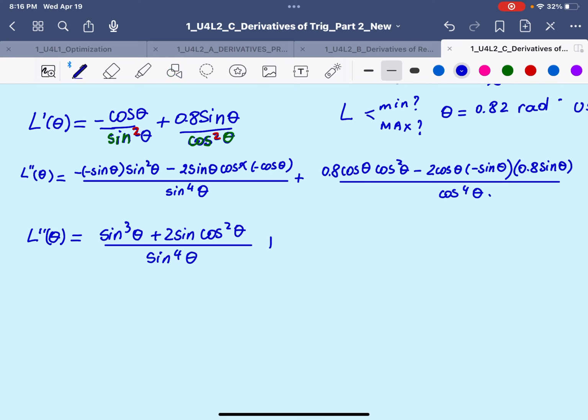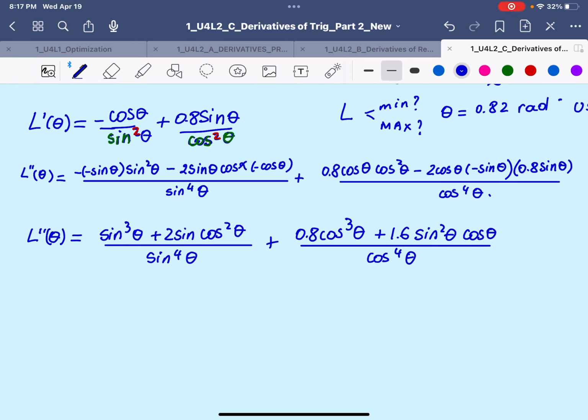And then plus. So here we go again, 0.8 cos to the power of 2, so 0.8 cos power 3 theta. Minus, so 2 times 0.8, we have plus 1.6 sine squared theta cosine theta over cos 4 theta.